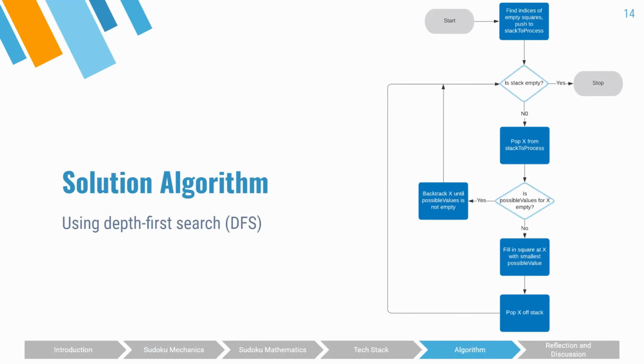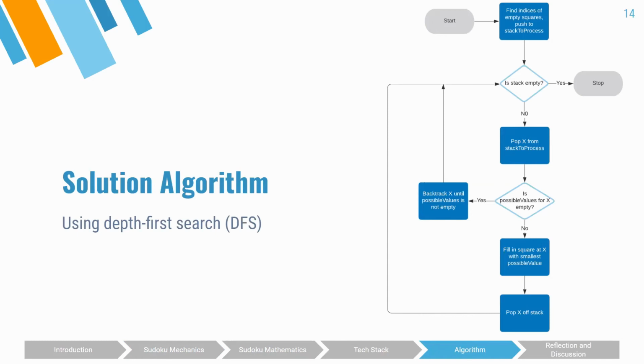If it's not empty, we fill the index of X with the smallest possible value. After we do that, we pop X off the stack, and we check again if the stack is empty. If it's not, we pop the next one. Let's say this time that the possible values for a square is empty.